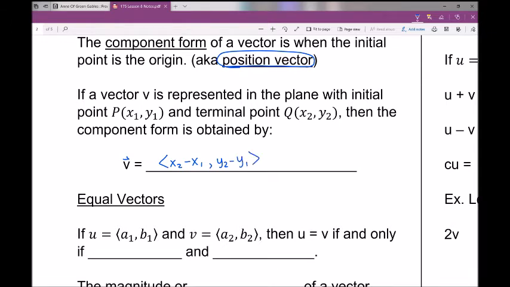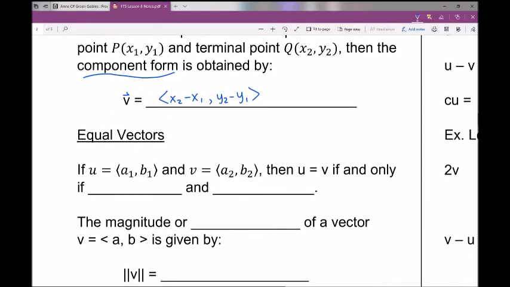Okay, and you can think about this as almost finding a slope because we are talking about a line here. So if you're wondering why this looks a little similar to the slope formula, it basically is the slope formula. Just instead of writing it as a fraction, we're just specifying how many units you go over and how many units you go up. Okay, so that is the component form of a vector.